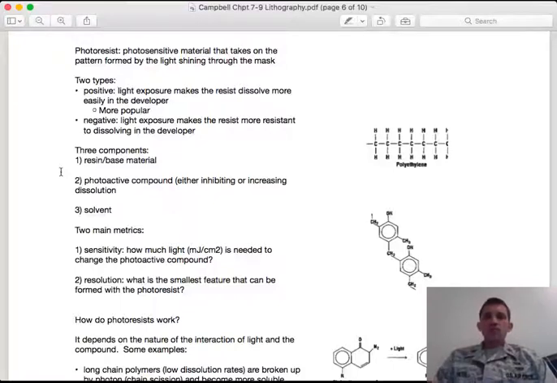In negative photoresist, just the opposite, light exposure makes the resist more resistant to dissolving. Positive photoresist is used more popularly, but you could build your device either way.